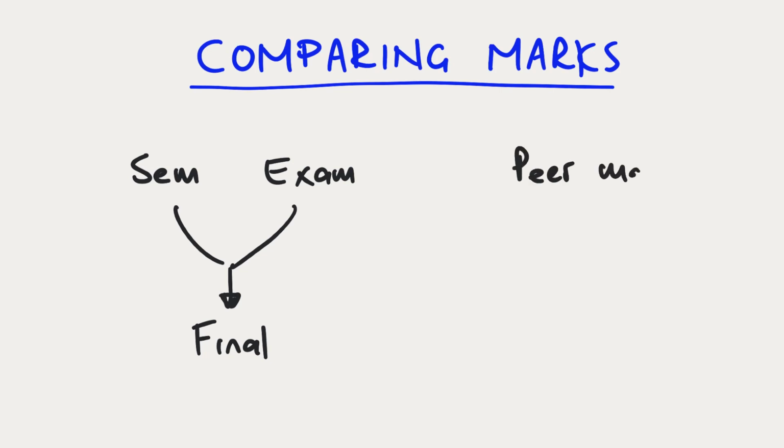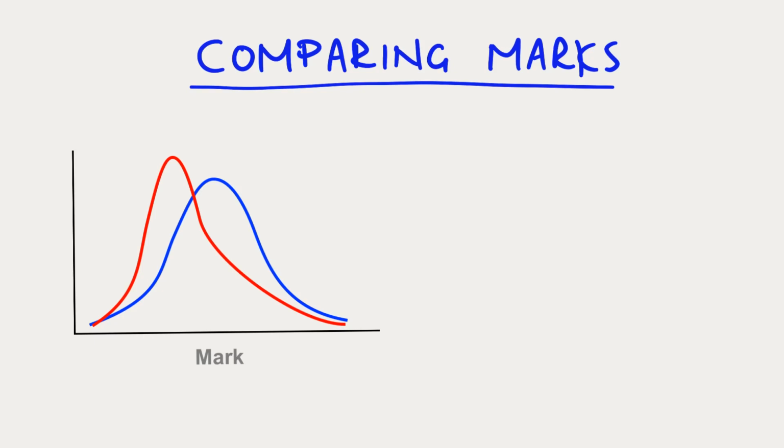I'll show you how I've calculated the peer mark. The peer mark will also be compared to the final mark. So two major comparisons: semester will be compared to exam, and final will be compared to how you guys rated one another.